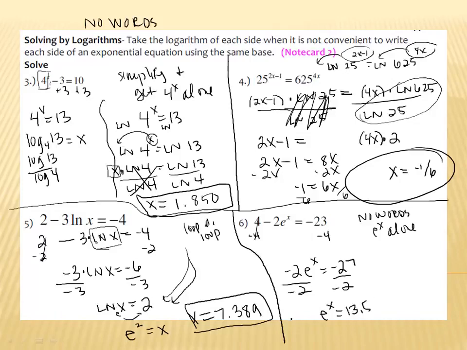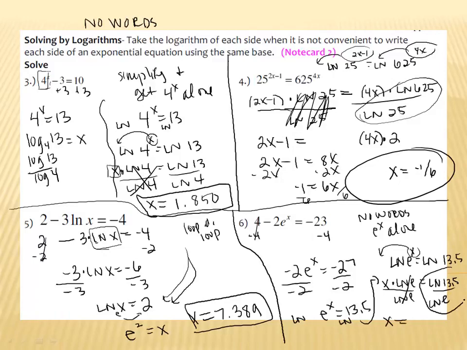And then because there are no words, we're going to insert ln on both sides. Bring the exponent out in front. And then we're going to divide by ln e. So go ahead and type this in, and you'll get 2.603.